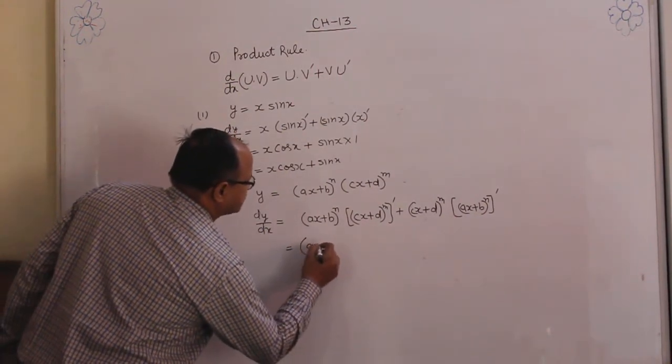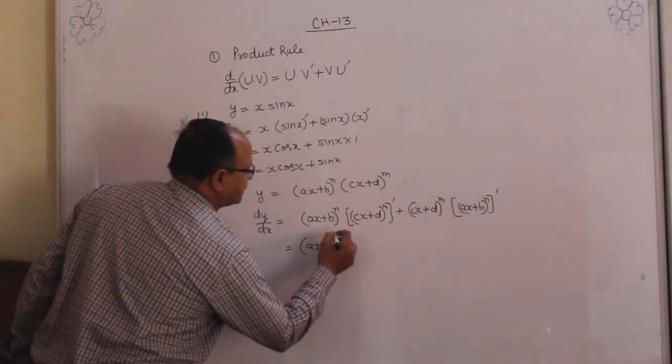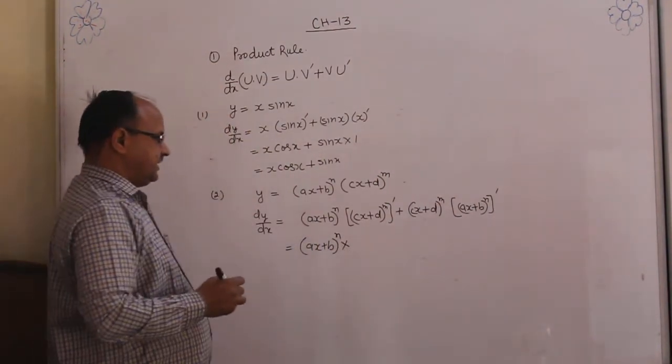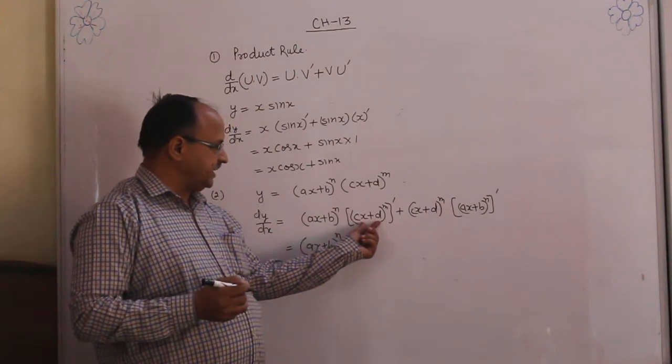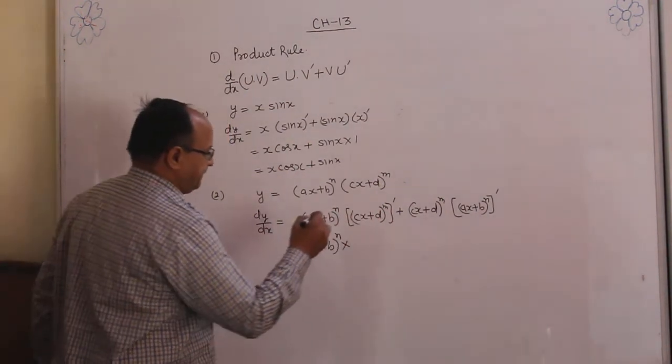(ax plus b) all to the power n as it is, derivative of (cx plus d) whole to the power m.